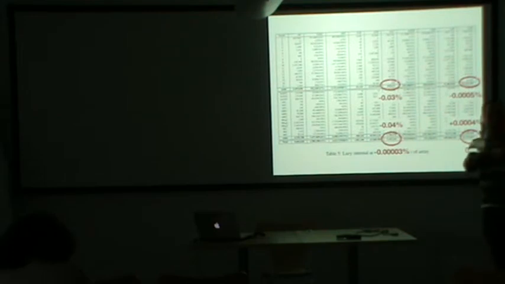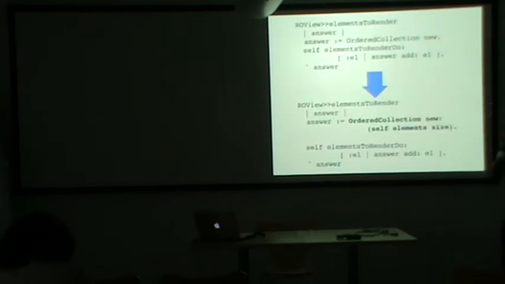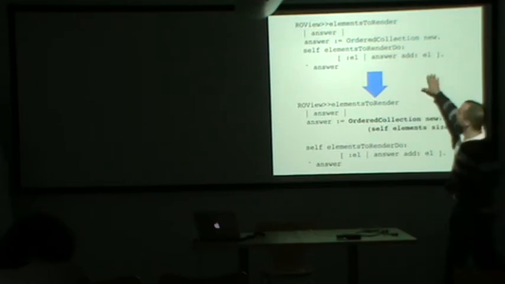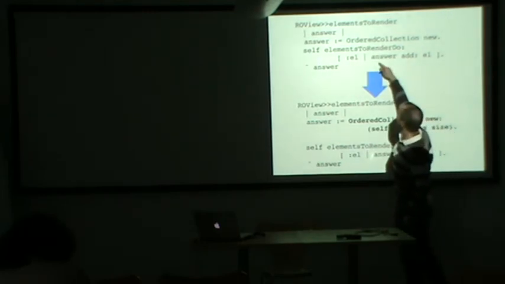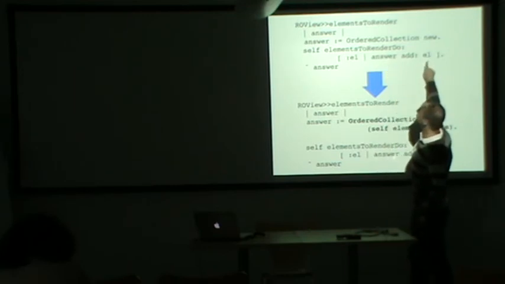The first optimization is to do lazy array creation. The second optimization is to recycle the arrays. And the third one is to identify places in the code where I can actually initialize the object collection. Here we have a piece of code where I create an object collection and then fill that collection with elements.